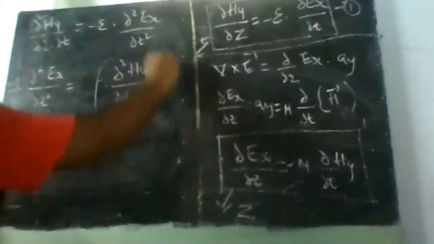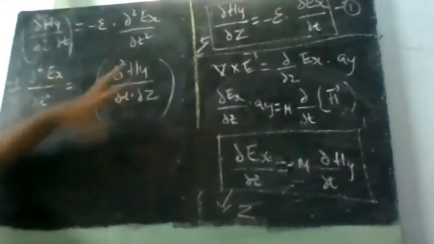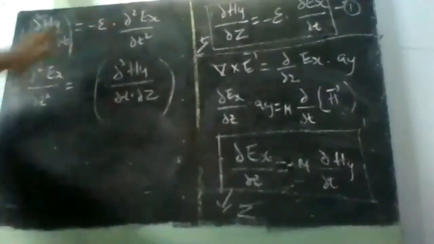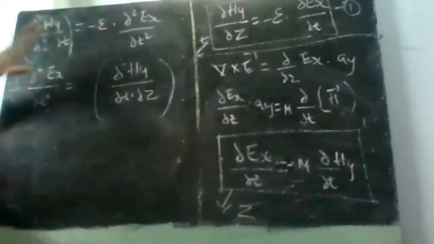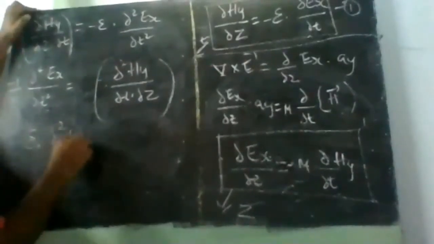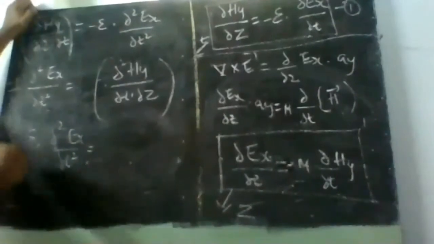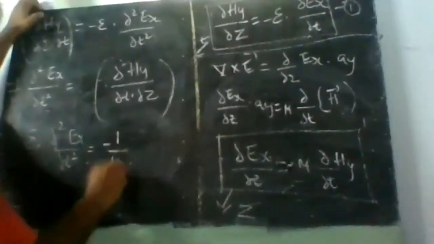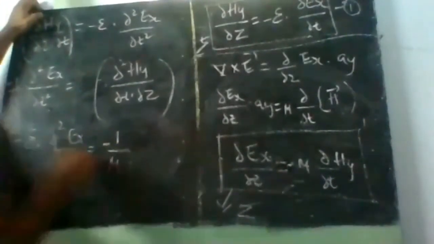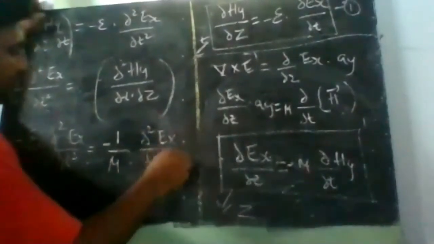So we can observe that this part and this part are same. If these two are the same, we can equate these two also. So equating them, epsilon into dou square Ex by dou t square is equal to minus 1 by mu into dou square Ex by dou z square.